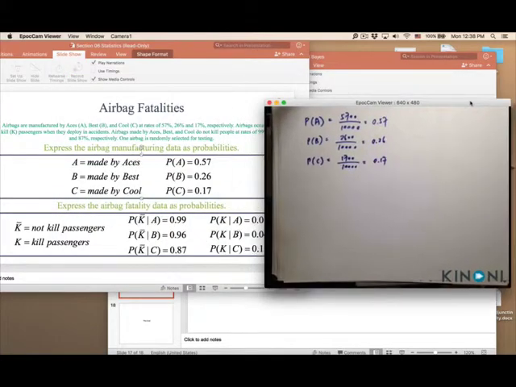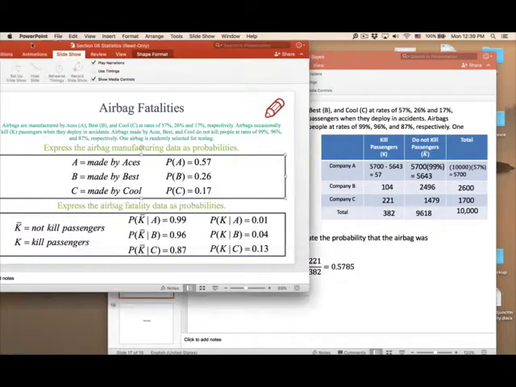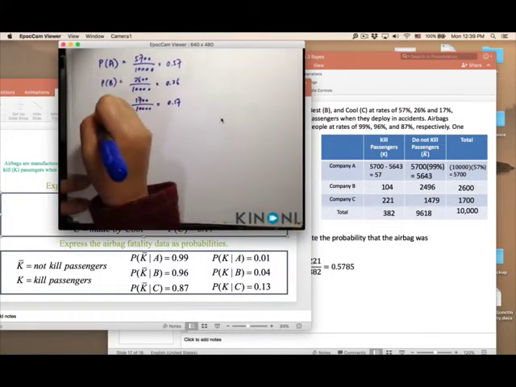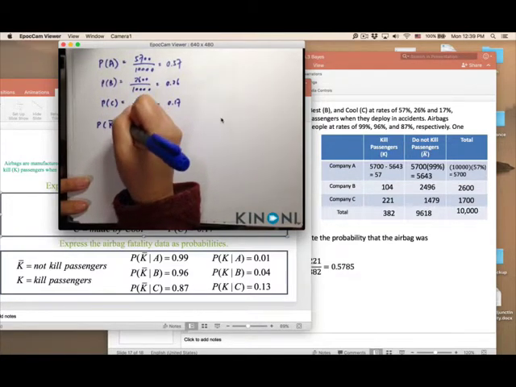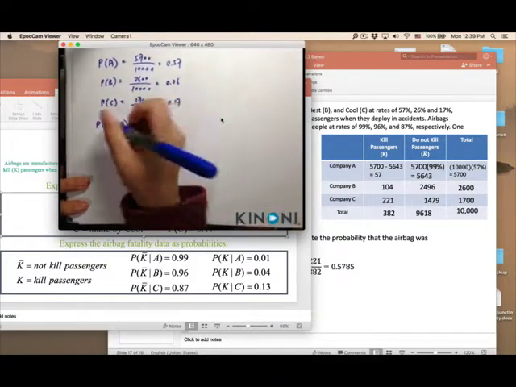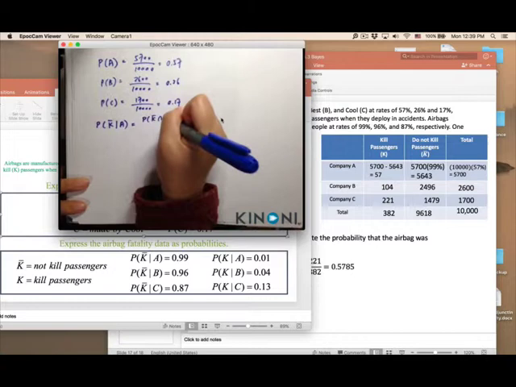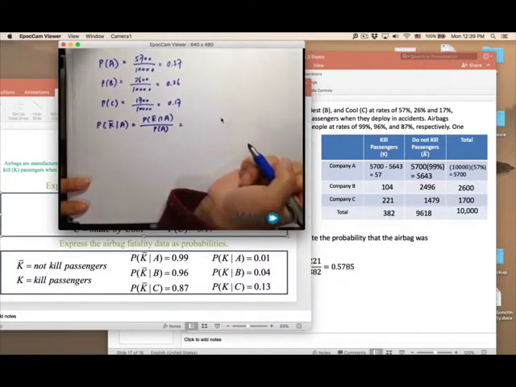Okay, so compare. I'm going to get these three numbers from the table also. And then look at this part. If I need to find the probability that it does not kill a passenger, given that it's made by company A, that will be the conditional probability. We're looking for this one.